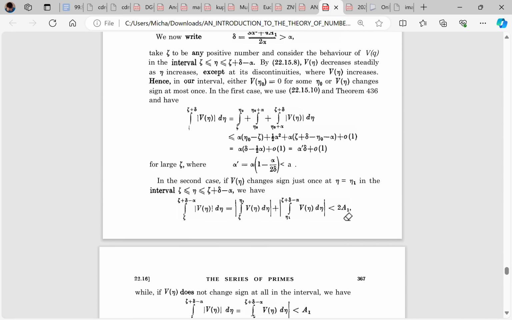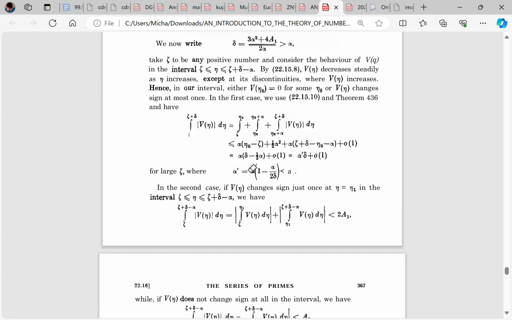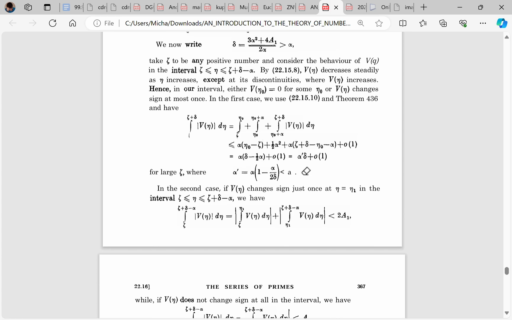And we should note that 2A1 is still less than alpha prime times delta, because delta, when delta is greater than... it's delta times, wait, what am I saying here?